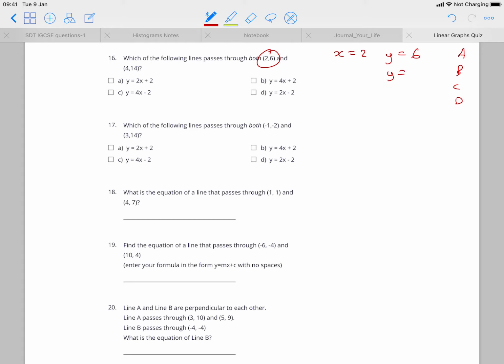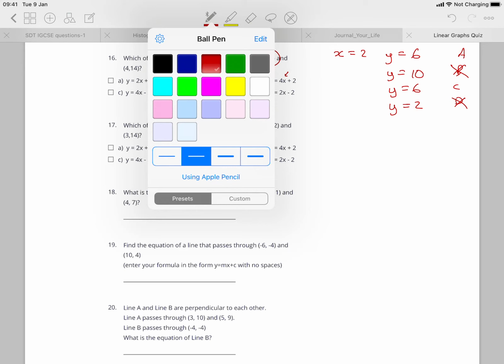For the second one, it's 4 times 2 plus 2, which is 10. C, it's 4 times 2, 8, minus 2 is 6. And D, 2 times 2 minus 2 is 2. So straight away I can see that B and D are out because they don't pass through 2, 6.